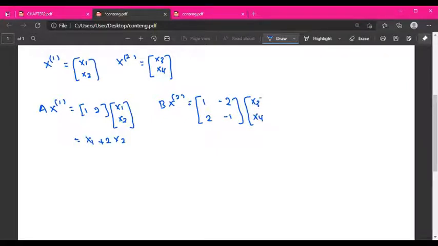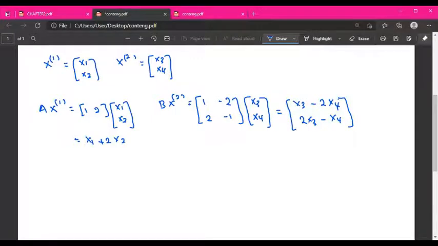So the linear combination that we have actually adalah 2, which is X3 minus 2X4 dan 2X3 minus X4. So we have these two linear combination untuk BX2. Okay, so itu adalah linear combination.